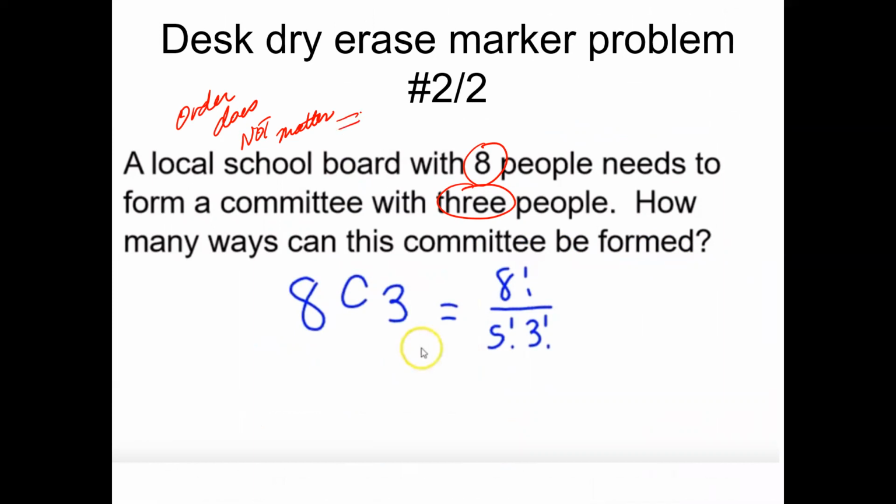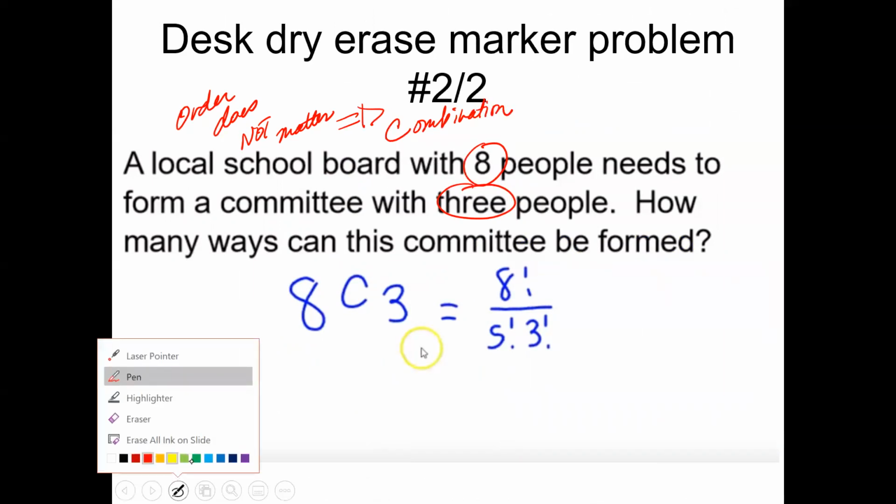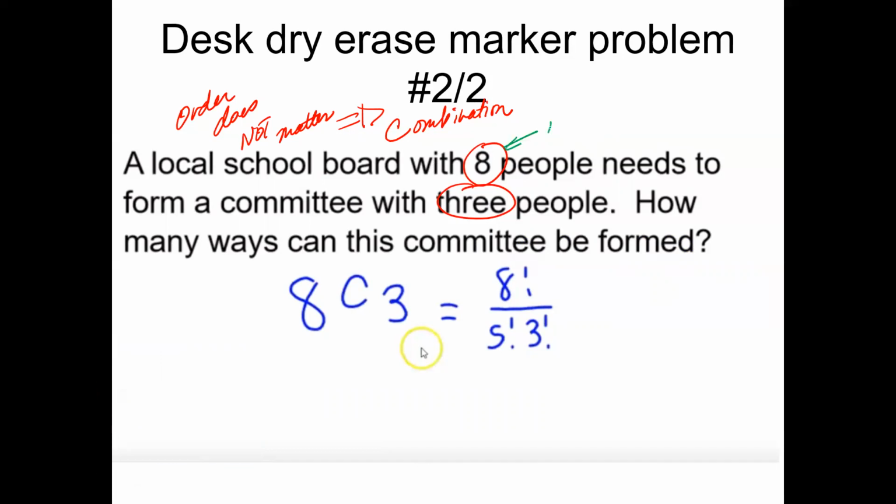So in which case, you know you're dealing with a combination, okay? And these are the 2 numbers, and you know that the bigger number is always going to be n, and the smaller number is going to be r. So let's go ahead and write down the formula. C(n, r) is going to equal n factorial over r factorial times (n minus r) factorial.